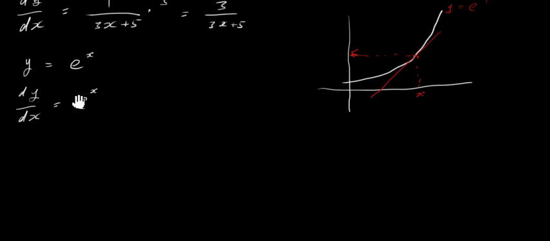Well, let's just take y is equal to e to the power of 3x. Well, here our dy dx is equal to, we've got to use the chain rule again. This is not e to the power of x, it's e to the power of 3x. So we apply this rule directly first, as if this was just x.